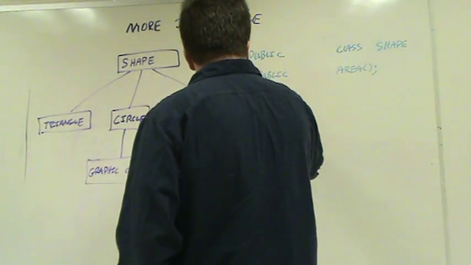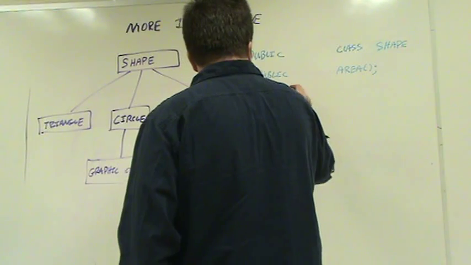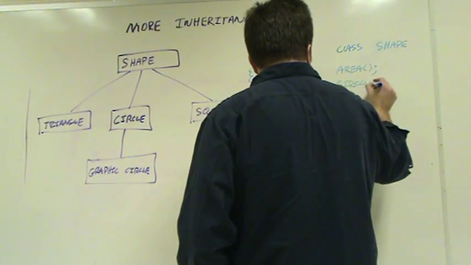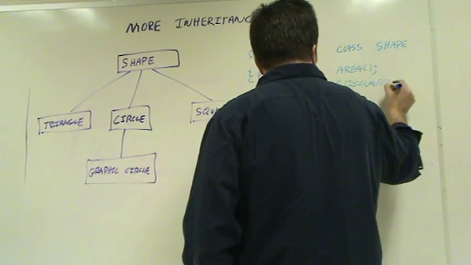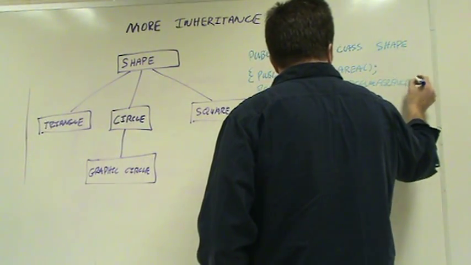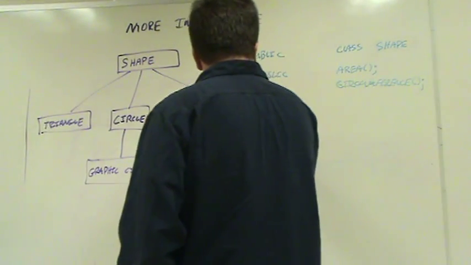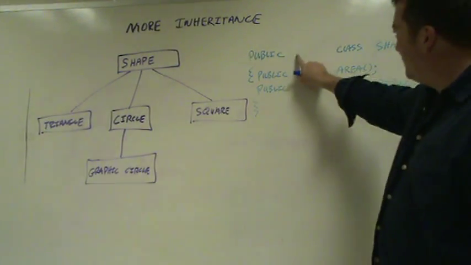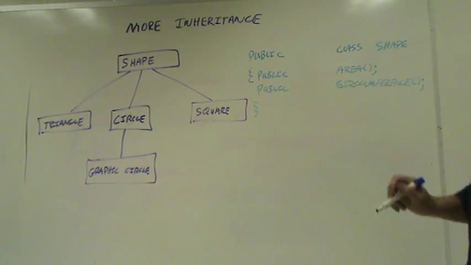And a public circumference. And close it out. Now, what have we done? And don't worry yet why I put some space here. There's just a word I want to write in. What have we done?